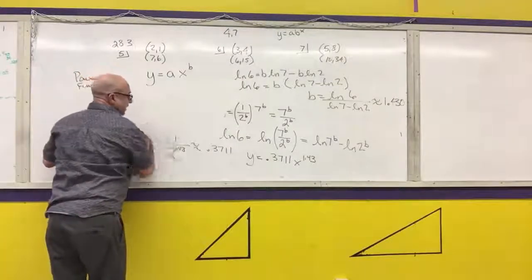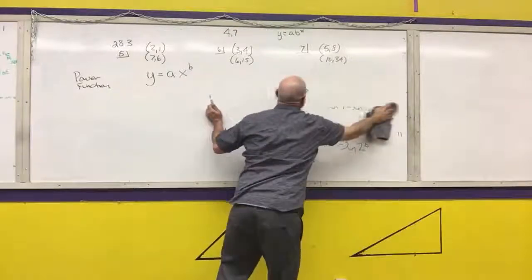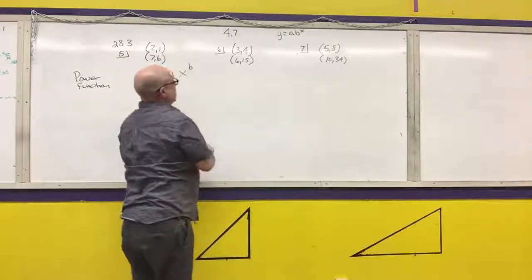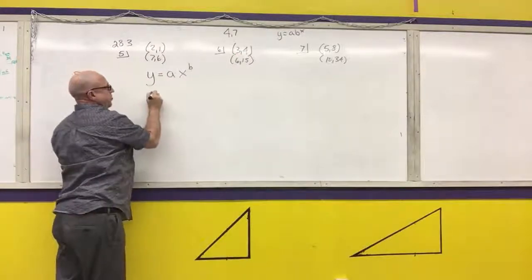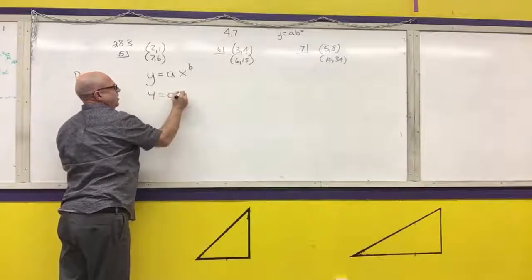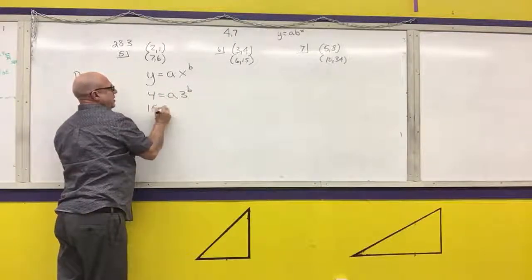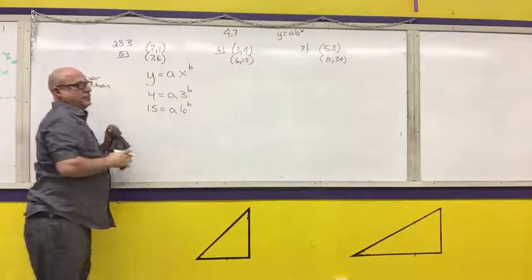So, y equals a x to the b. First thing is to substitute in for y and x. So I get 4 equals a 3 to the b. And I get 15 equals a 6 to the b.